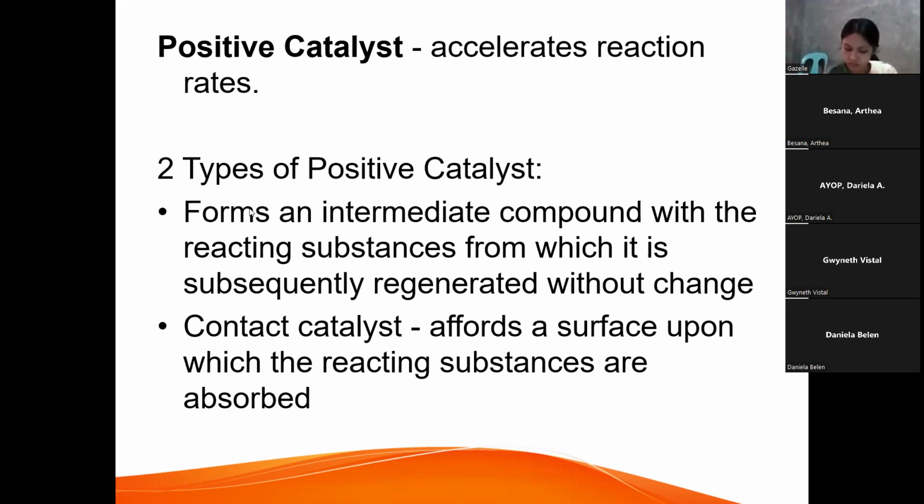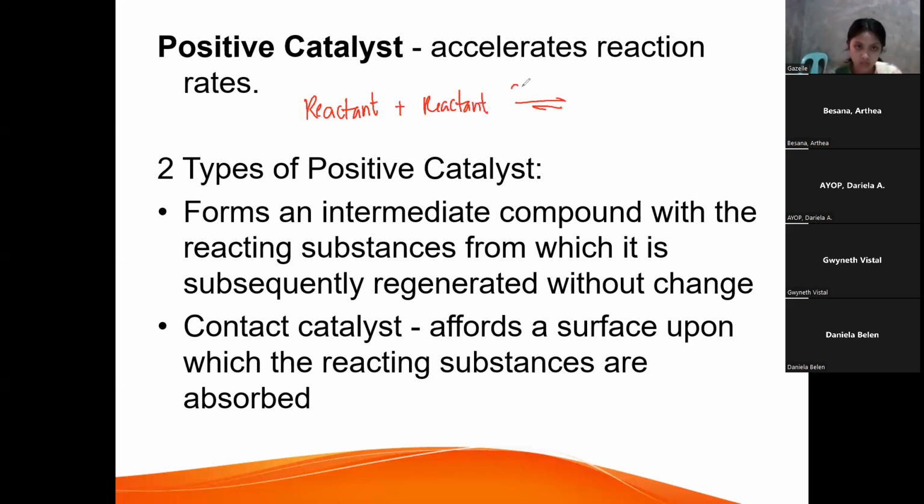Number one, ito yung positive catalyst that will form an intermediate compound with the reacting substance from which it is subsequently regenerated without a change. Okay? So, mangyayari niyan, example, you have a reactant. Tapos, you have another reactant.